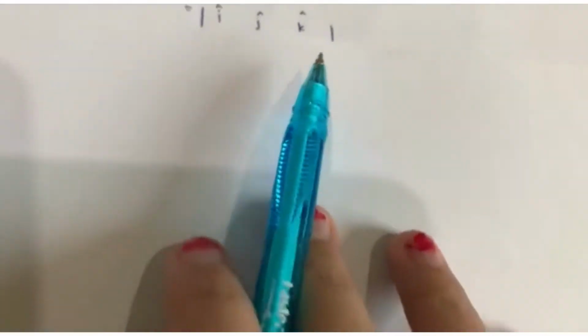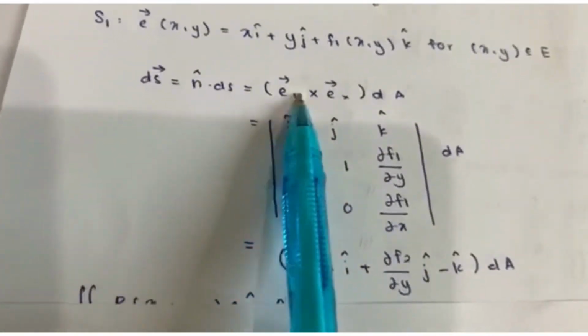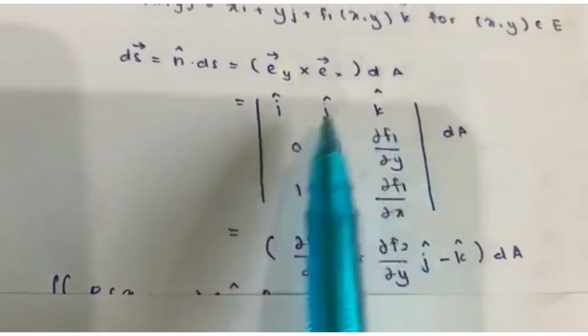So dA, and then we solve for the cross product in ijk.